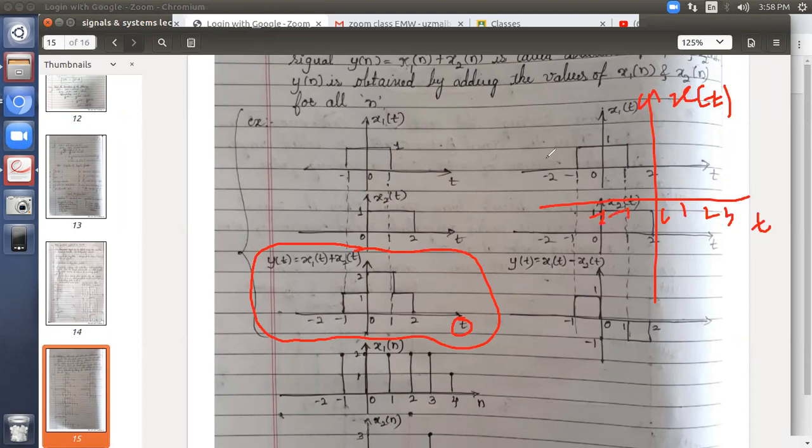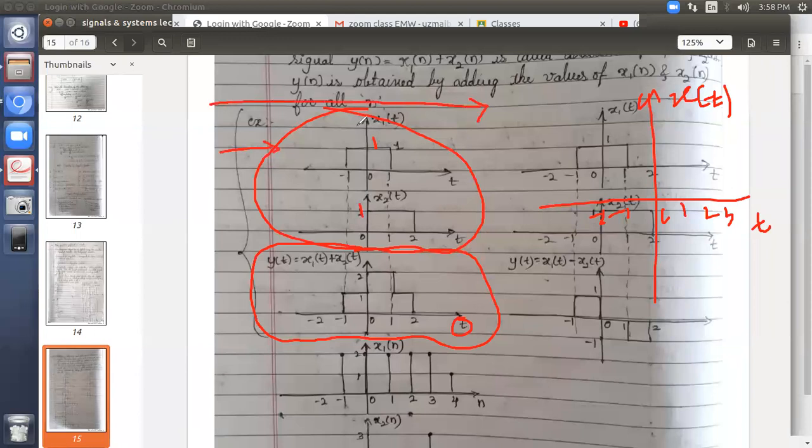This is the general thing you should do, everybody, whenever a question is asked to draw a signal. Then, if you observe here, the amplitudes for x1 and x2 are both 1. So, let us start with the leftmost and then we will proceed like this.